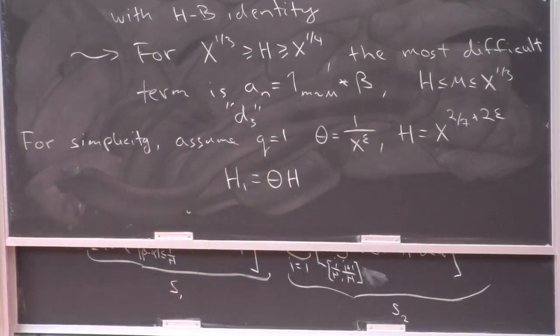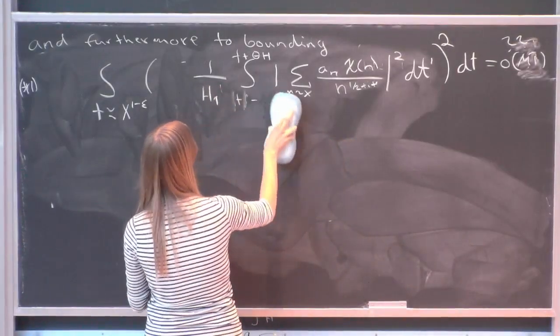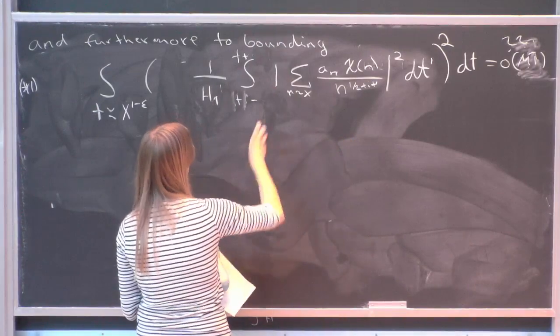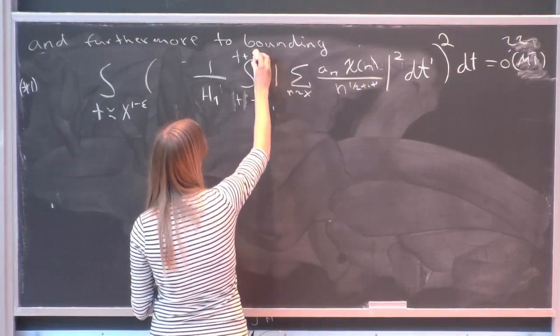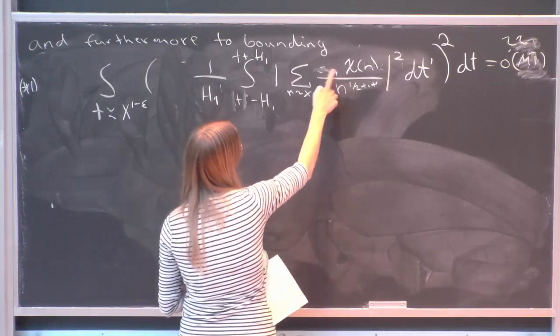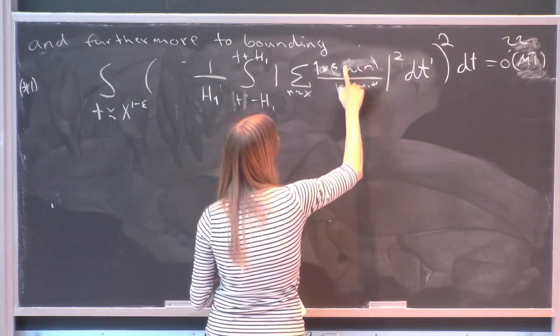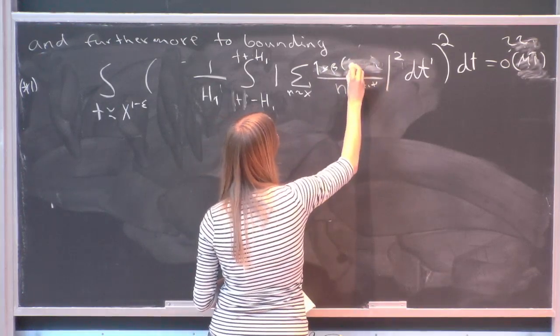So we have here h1, and here we have t minus h1, t plus h1, and here we have our convolution 1 star beta, and we can forget about this because we had q equal to 1.